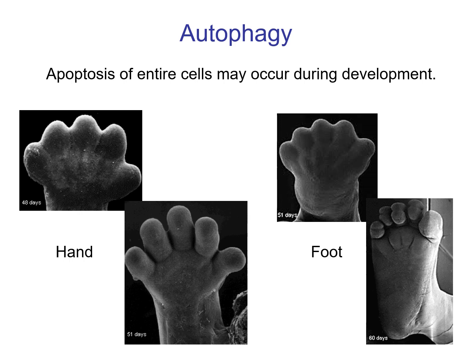So on the left, you can see the hand at 48 days, and then just 3 days later, we've got these distinct fingers. And what has happened is the cells in between the tissue that will become the fingers have undergone apoptosis. Their lysosomes were programmed to burst suddenly and digest and destroy the cells they were in.